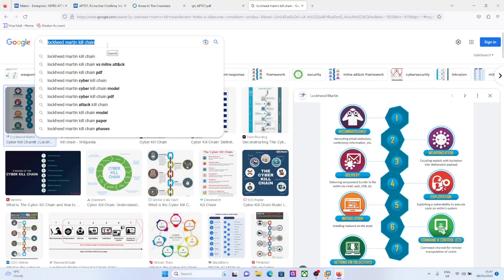It is of course not just TTPs, it is also how they are selecting their victims, how they are selecting their infrastructure.